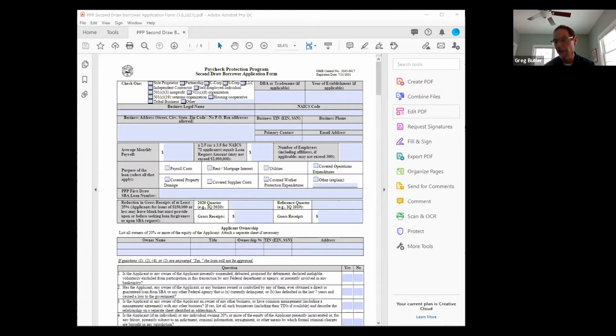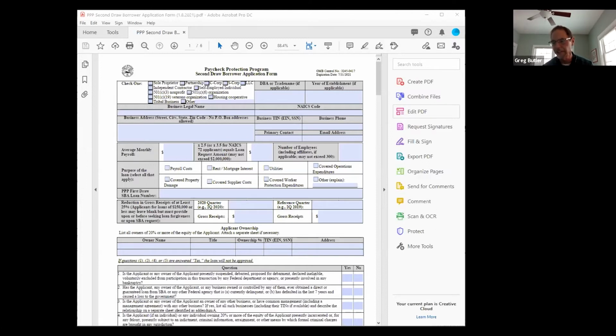And again, this is another situation where you may redo your calculation because your second draw number may be bigger than your first draw. And then the other thing, I don't want to go too far into the weeds, and Nick, you can comment more, but Nick had mentioned that the first draw application got revised.